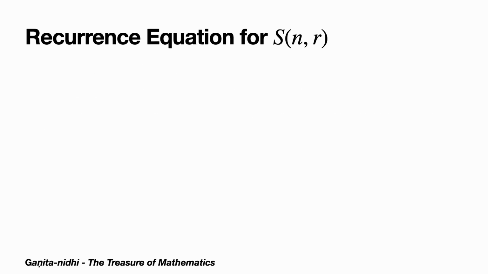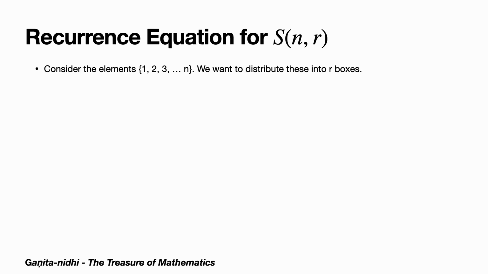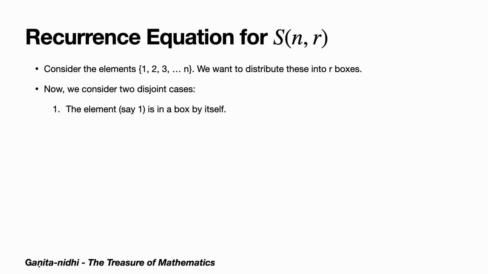Now let's establish a recurrence equation for n subset r. Again, let's consider elements 1, so on till n, and we want to distribute these into r boxes. Now we consider 2 disjoint cases. The first case is when the element, let's say 1, is in a box by itself, and the other case is when the element is not alone but with some other elements in some box.